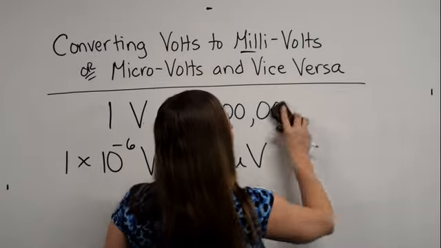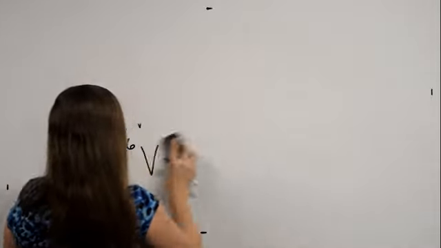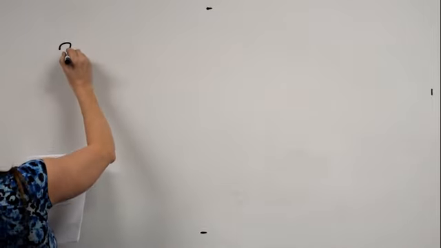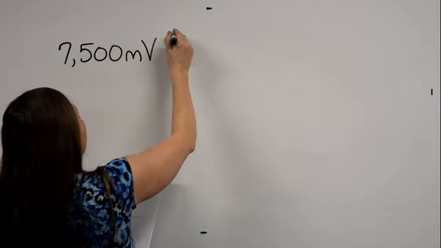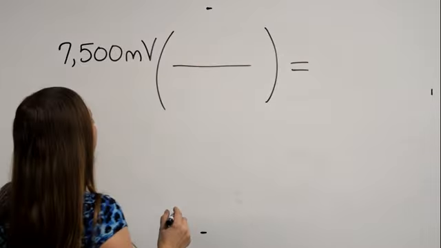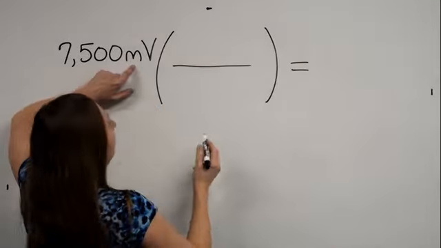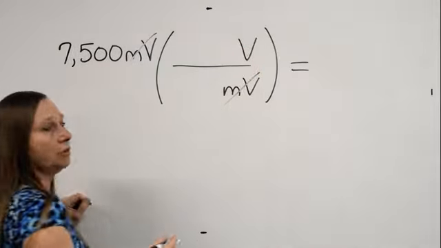Okay, so now let's do some conversions from volts to millivolts, or millivolts to volts and microvolts. Let's try first 7,500 millivolts, and we will convert that to volts. Okay, millivolts we want to get rid of, right? We want those to go away, and we want volts.